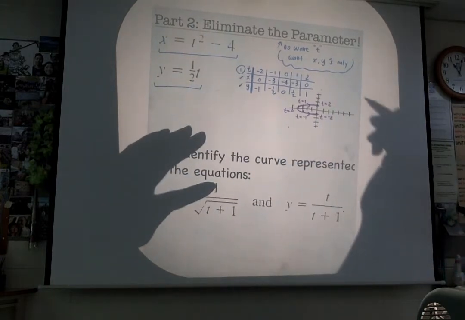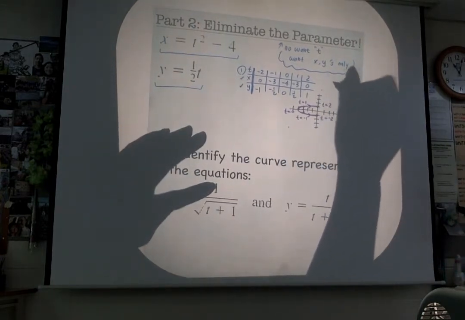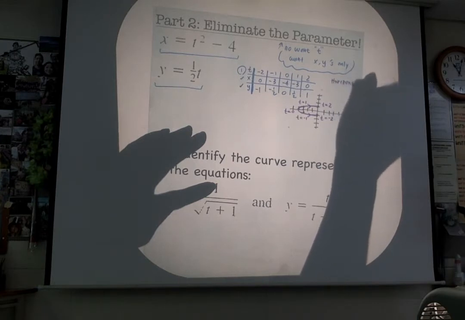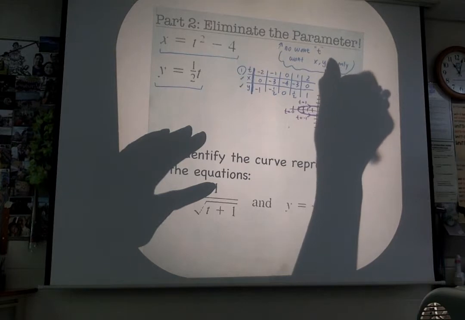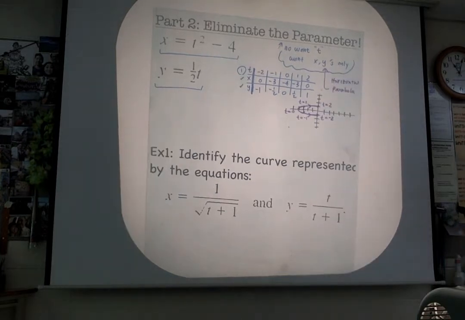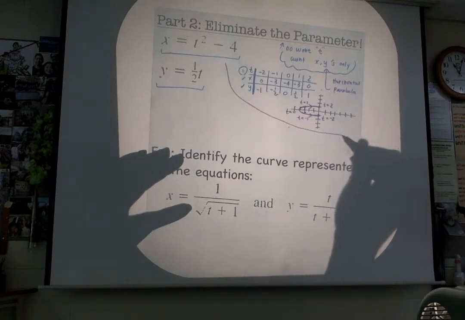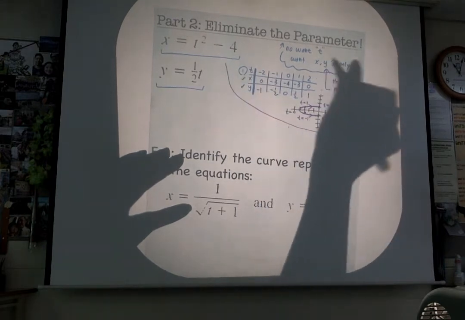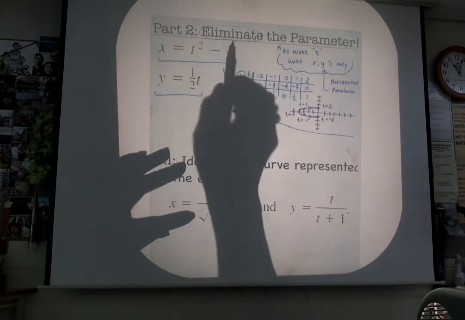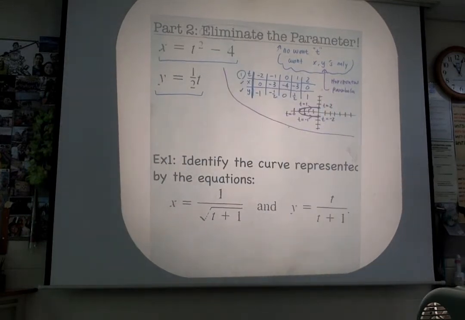If you know anything about horizontal parabolas, that's what you should expect when we eliminate the parameter and have it in x and y terms. So keep that in mind: whatever you get when you eliminate the parameter, that's what you should get. Let's try it.